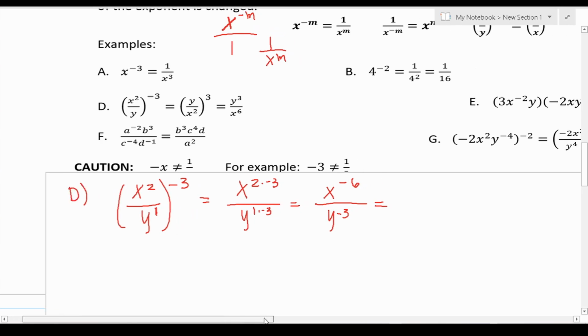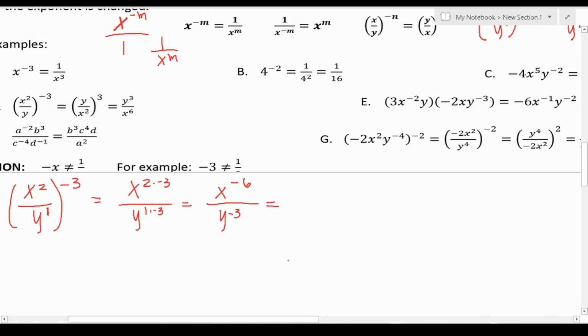As I said, you cannot leave negatives in your answer. In order to get rid of negatives, you simply bring it across the fraction bar. So let's do this one at a time. To make y to the negative third positive, we're going to bring it up across the fraction bar into the numerator, where it's just going to be y to the third.